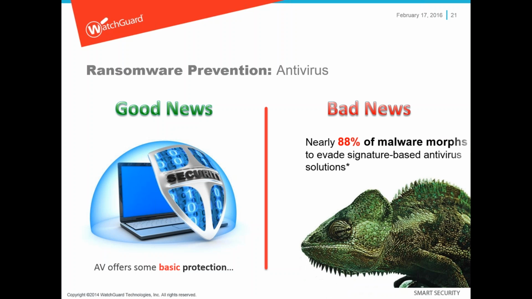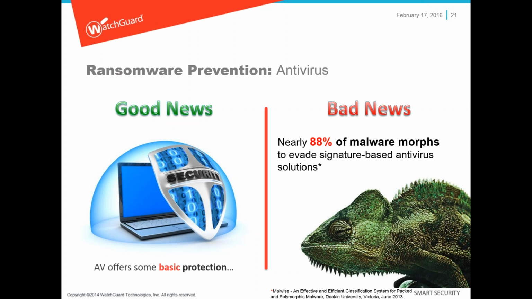Now, the bad news is that almost all current malware is repackaged very frequently, too frequently for the AV vendor to be able to create that signature to block them. As I mentioned earlier, a lot of malware can be repackaged and redistributed within a couple of hours.